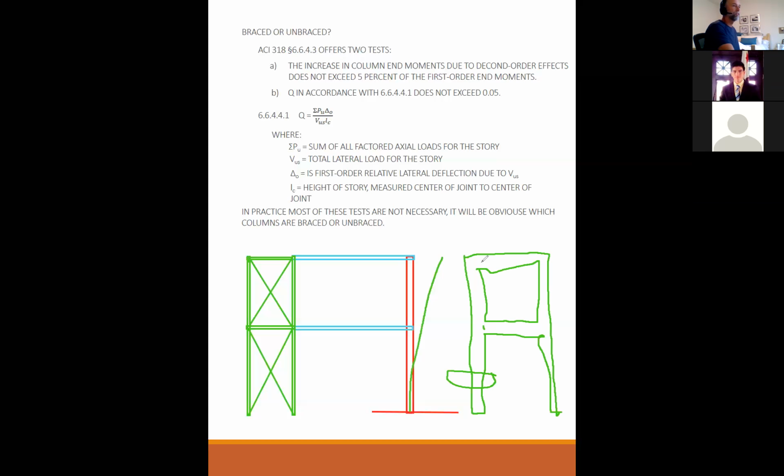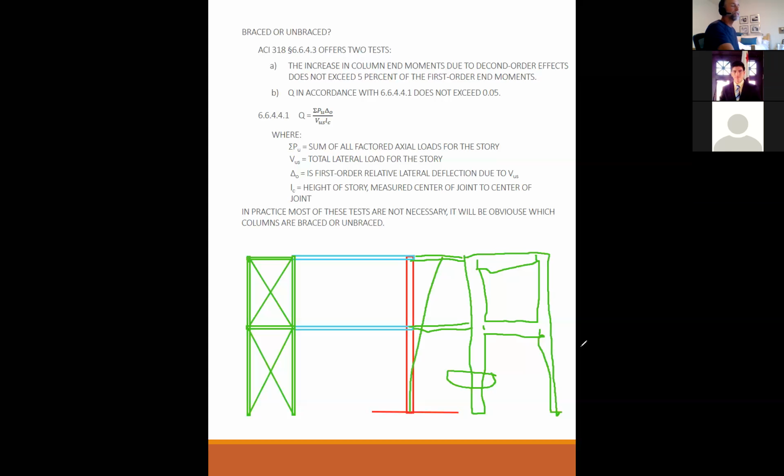This is a moment connection, moment connection, moment connection, moment connection. But this whole frame is unbraced because it's relying on its own stiffness to keep it stable. If this frame was tied in to something else that is a lot stiffer than this frame, then this frame could be considered braced. But usually that's not what you have.